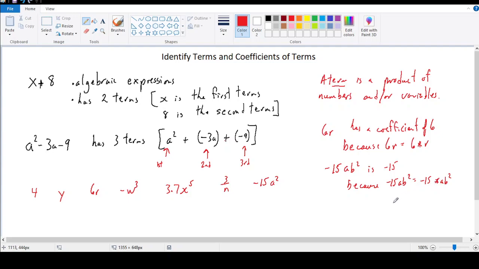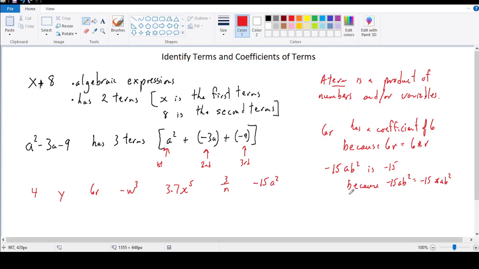More examples will be shown as we go by. As you can see, the coefficient of this term here is 6. The coefficient of this term here is negative 15.